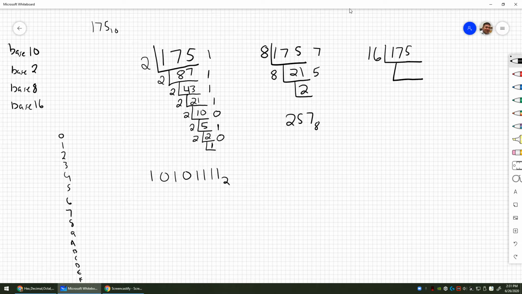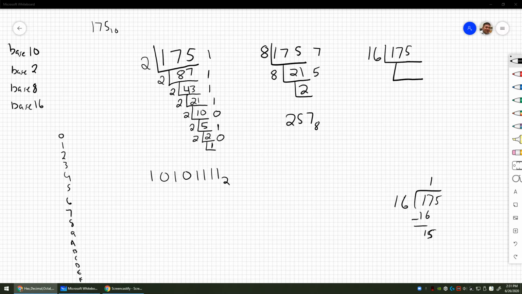I'm going to find some space out here and let's do that. It's going to go 1 time, and it won't go into 15. So what we've got here is, sorry, my bad, 16 into 17 is going to go one time, one left over. Sorry about that.